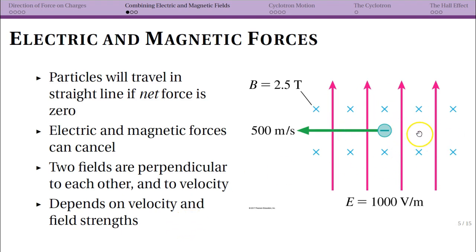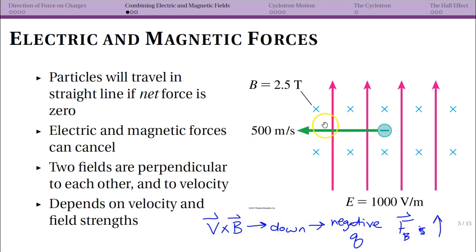So let's think really quickly about the direction here. To get the magnetic force direction, we do V cross B. If we do V cross B, that would actually be down. So V cross B would give us the down direction, but note that this is a negative charge. So our magnetic force is actually in the up direction. Well, now let's think about the electric force.